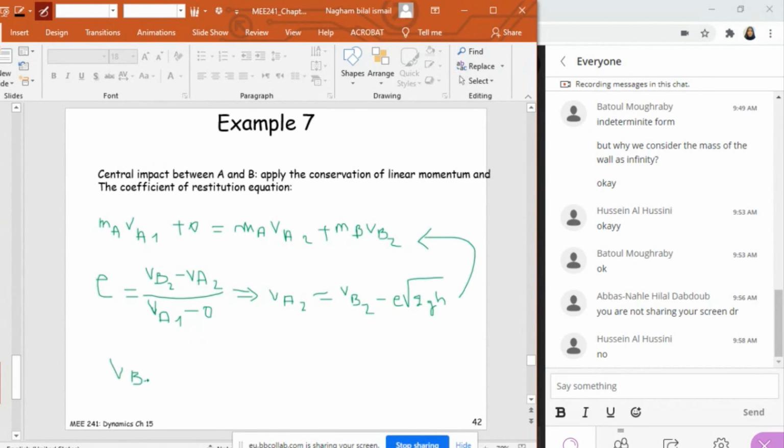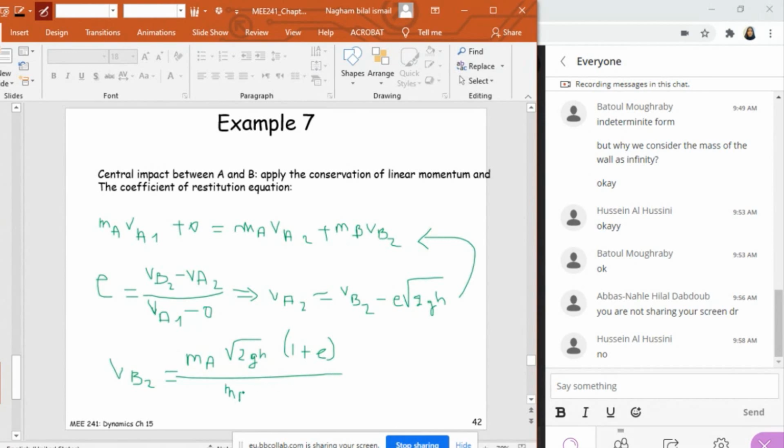So VB2 will be equal to MA radical 2GH (1 plus E) over MA plus MB.